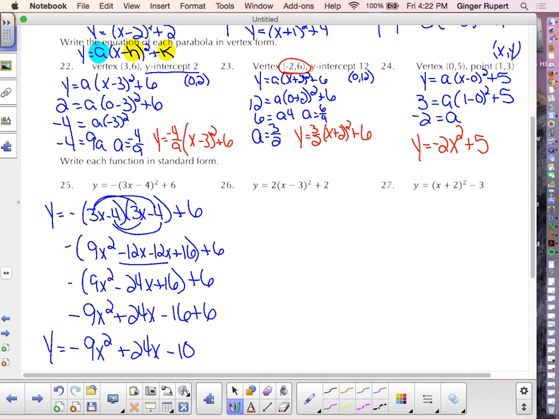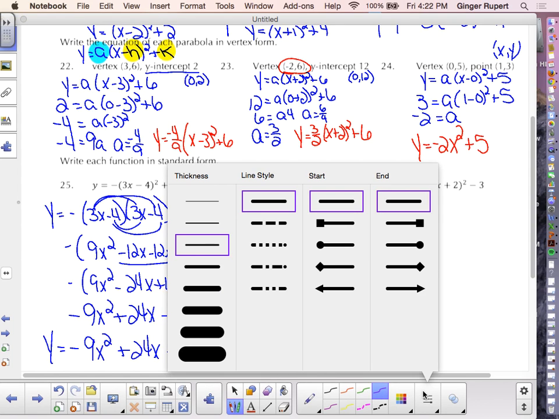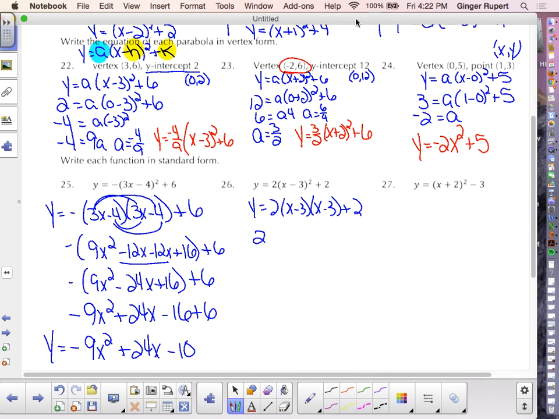Moving on to number 26. y is equal to 2 times (x minus 3) times (x minus 3) plus 2. So you're going to FOIL those two binomials first. Leave the 2 out front for now. It's going to give me x squared minus 6x minus 6x plus 9 plus 2.